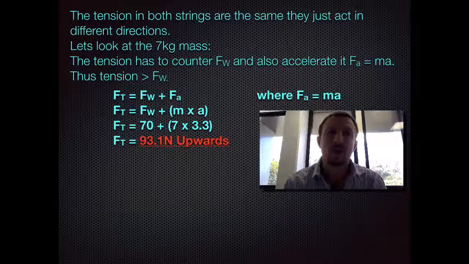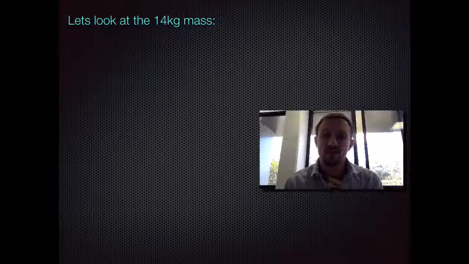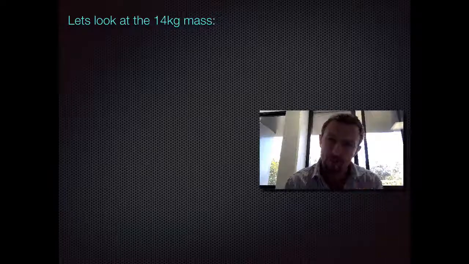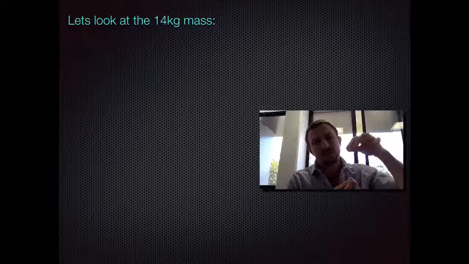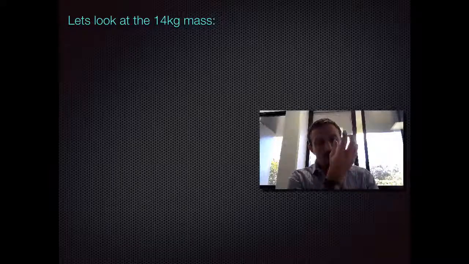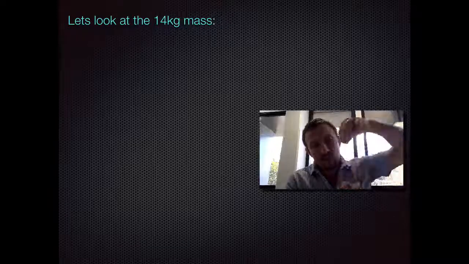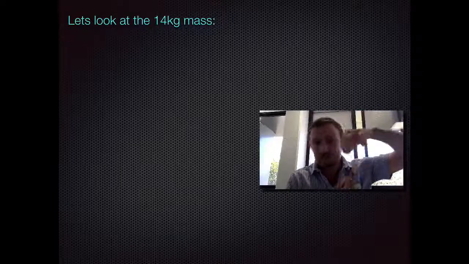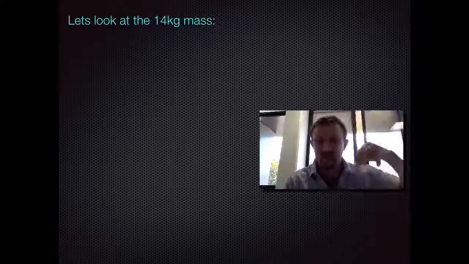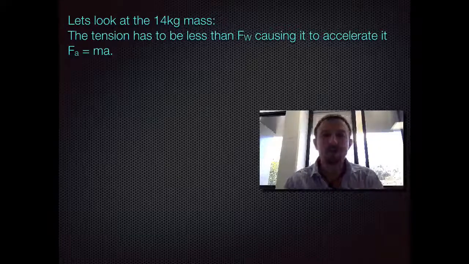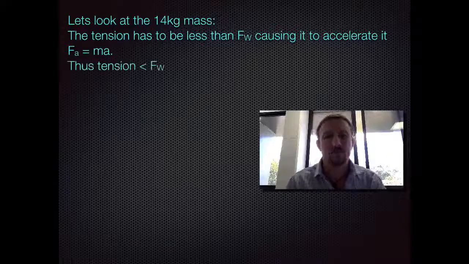Now, if I look at the 14 kilogram mass, it should be the same, but it will be acting in the opposite direction. This time what's happening is I've got a whole weight force, but it's being held back by the tensional force from that 7 kilograms. So what we've got to have now is the tension force has got to be less than the weight force.